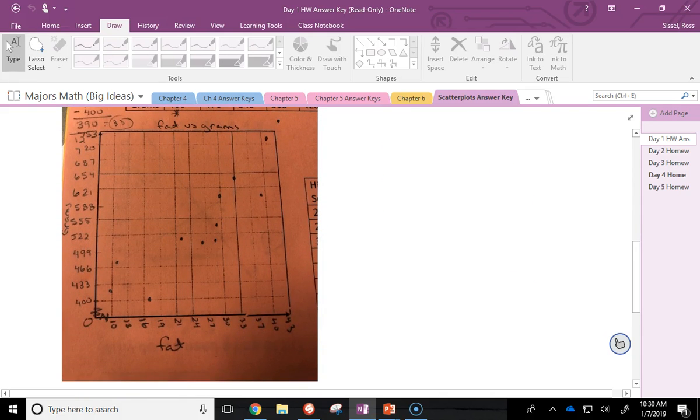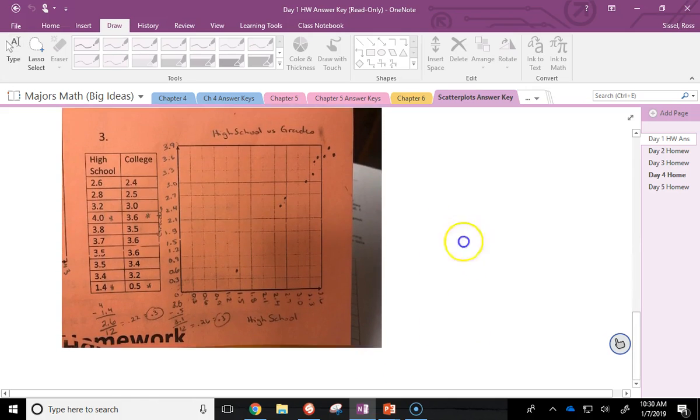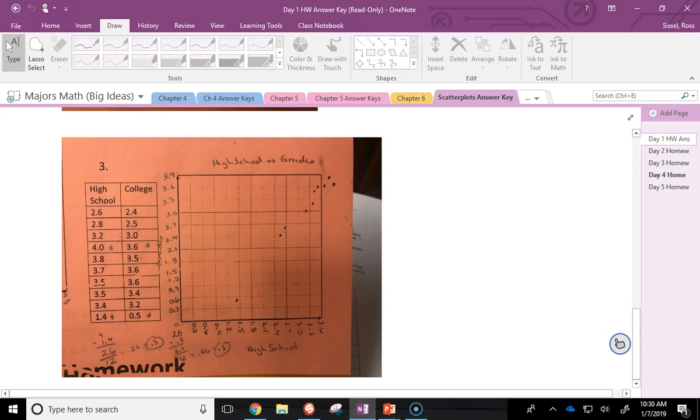What is the correlation? Right? Correlation identified. Are there any gaps? Are there any clusters? Are there any outliers? I then go to number three. What is the correlation? What is the gaps? What is the clusters? What is the outliers? Not a whole lot of work you have to do.